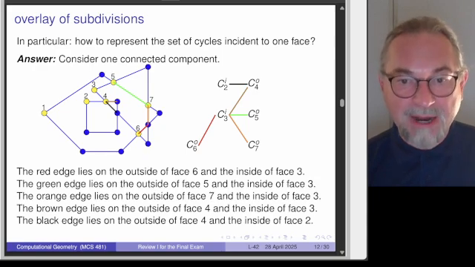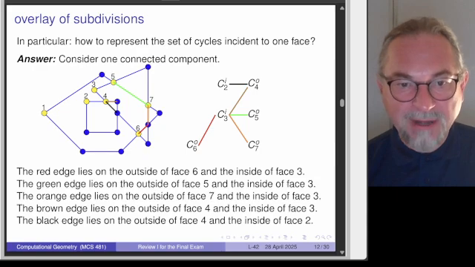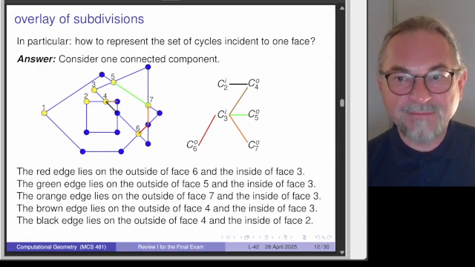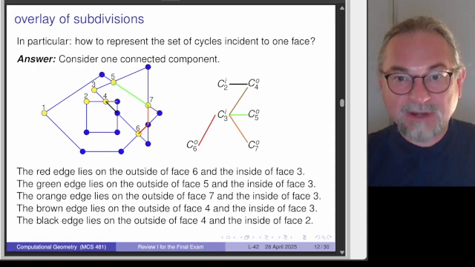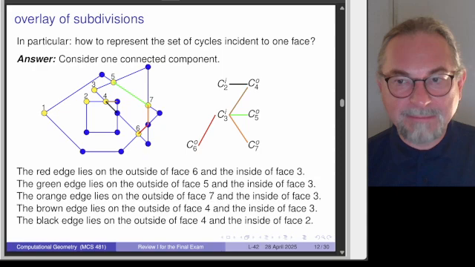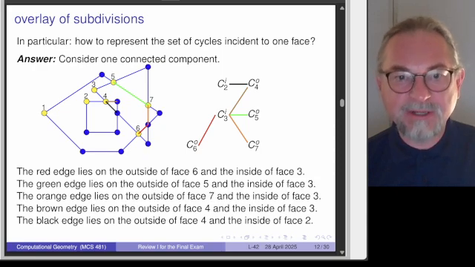And then we have the brown edge, which is on the boundary between face 3 and face 4, and the same reasoning can be made. So this is how the inside is connected to the outside. And there is also the second face that has the black edge on the boundary with face 4.